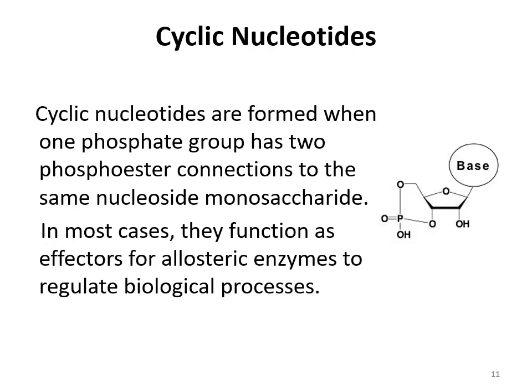Then we discuss the cyclic nucleotides. Cyclic nucleotides are formed when one phosphate group has two phosphoester connections to the same nucleoside's monosaccharide.